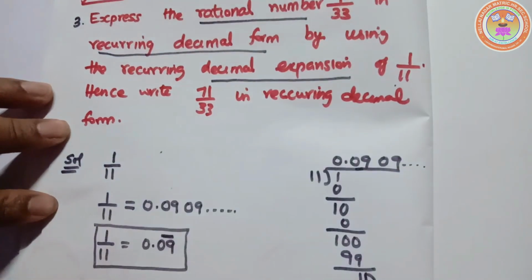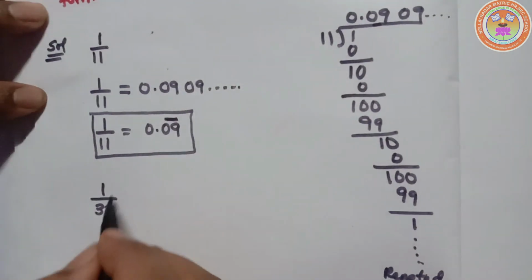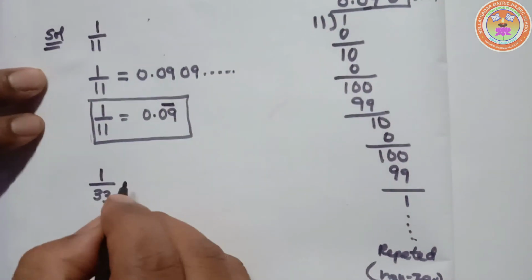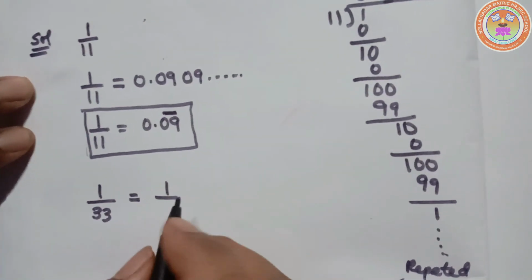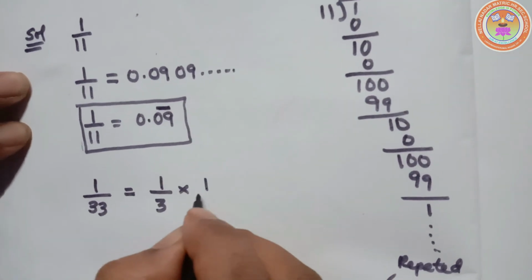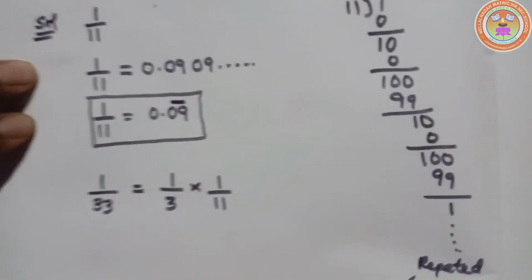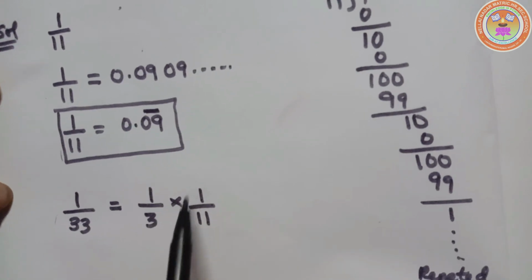Now, children, 1 by 33 is there. How can you make this from 1 by 11? Yes, you can. 1 by 33 can be written as 1 by 3 into 1 by 11, because 11 threes are 33.